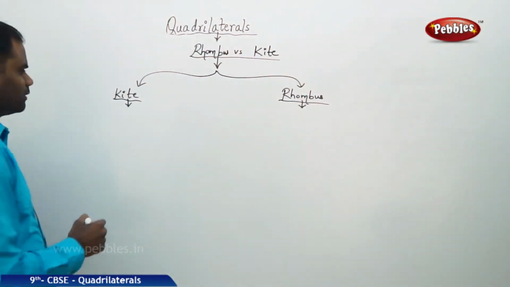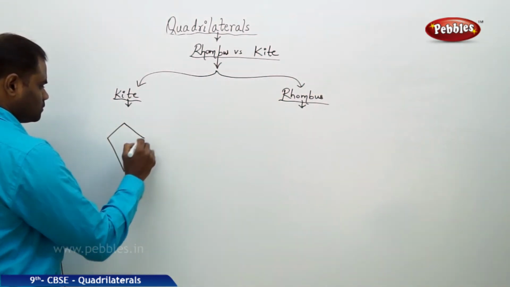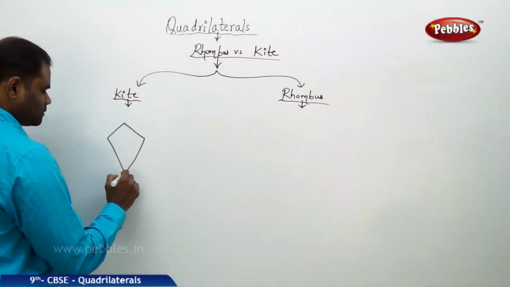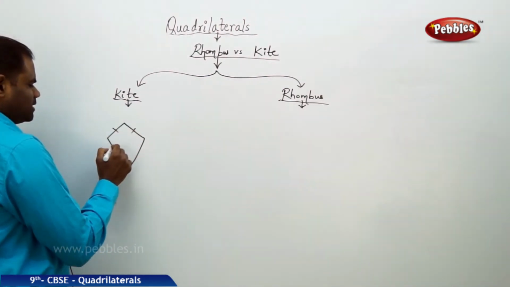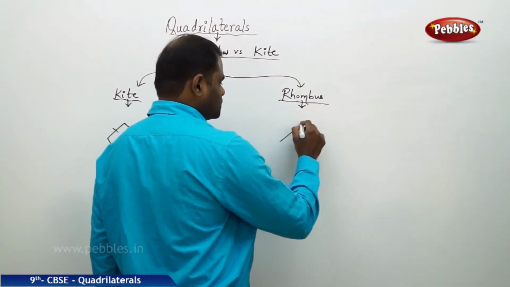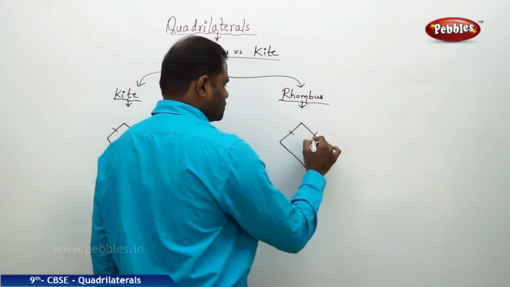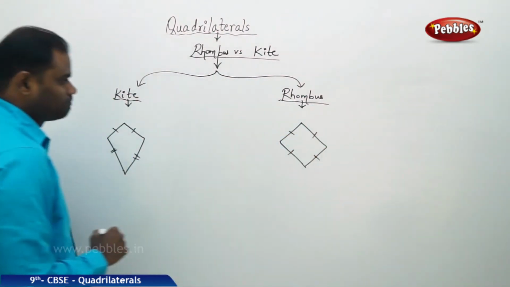Now here I have a kite whose adjacent sides are equal, and here I have a rhombus whose all sides are equal.